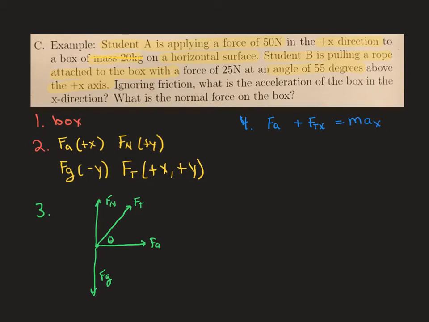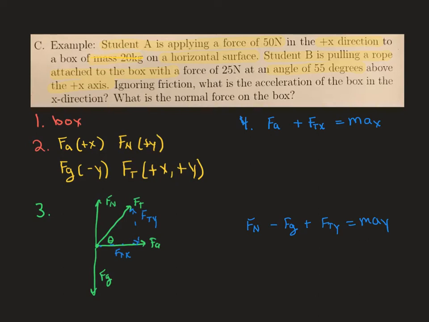And then in the y direction, we're going to have force normal minus force of gravity plus the force due to tension in the y direction. So remember that force due to tension has an x component and a y component to it. So this is why we learned the component method before we talked about force.